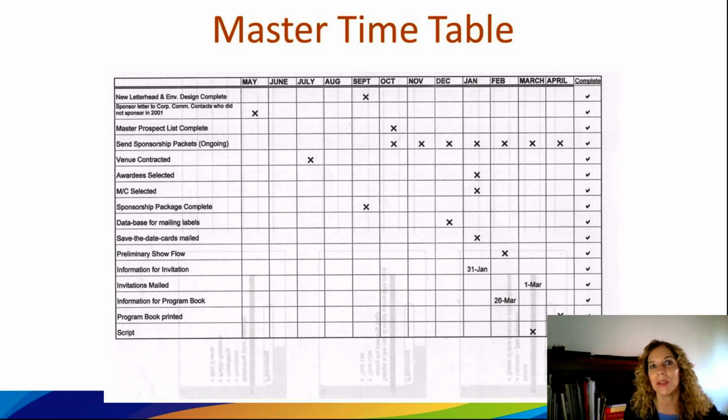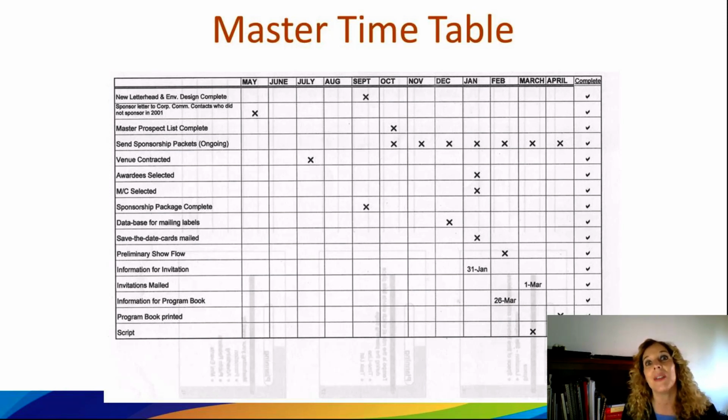This is a master timetable, and it looks like a calendar, so it's by month. This is when you're going to produce an event with several months in advance, or a year. For example, if you look at the second one down, there are categories and then the calendar months. Sponsor letter contacts: sponsor letters to go to the corporate committee contacts.